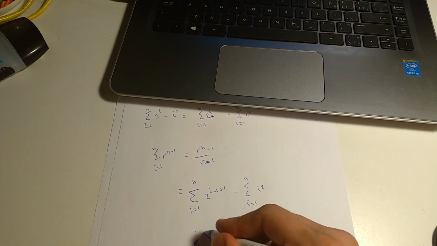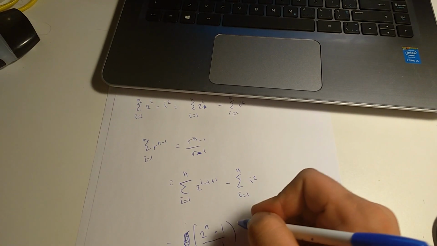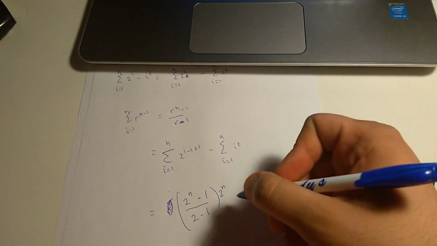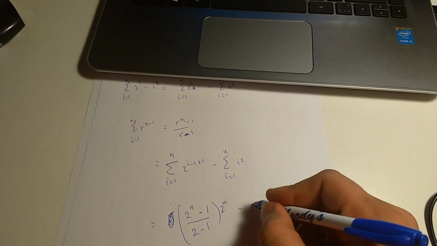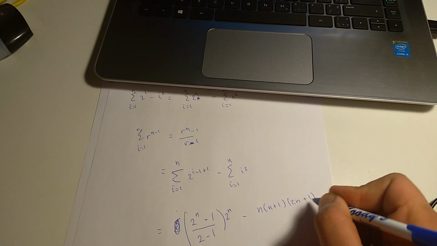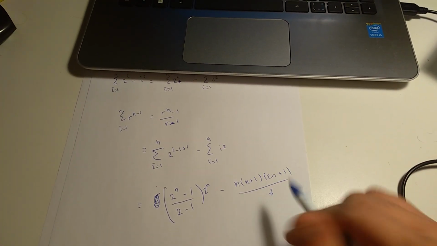Okay? And since you're adding 1, you also have to take into consideration the factor 2 outside. So there's the sum of n squared, fairly simple, n times n plus 1 times 2n plus 1, over 6, just like that.